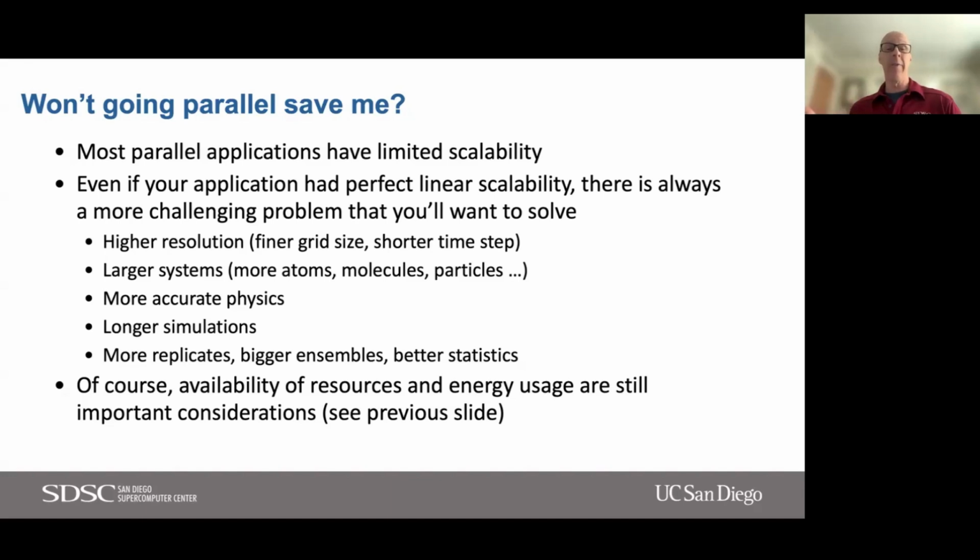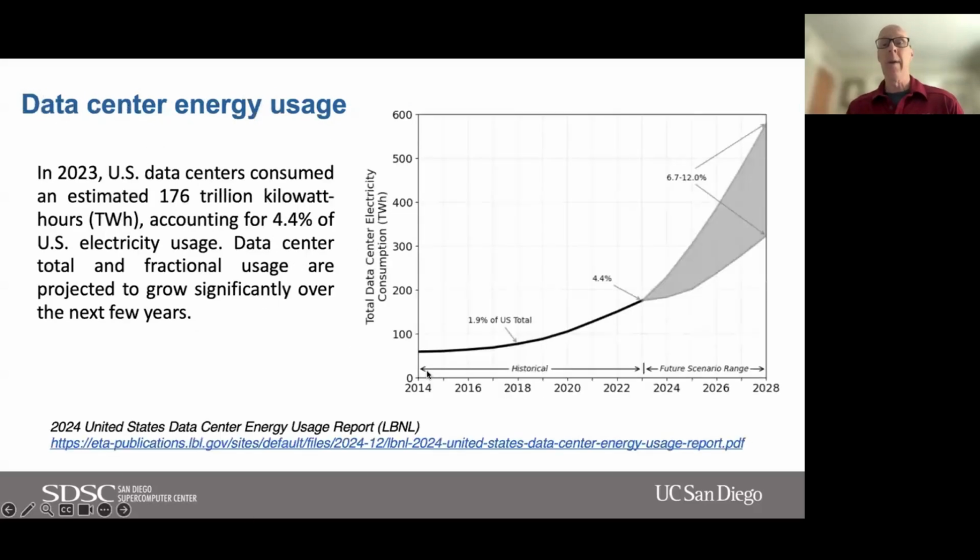And then, of course, the availability of resources and energy usage are still important considerations. I had recently updated this; the content that I had previously was a little out of date. This is a figure that I got from the United States Data Center Energy Usage Report. This is work being done at Lawrence Berkeley National Lab. And for 2023, the latest date that they had full data available, they estimated that US data centers used 176 terawatt hours.